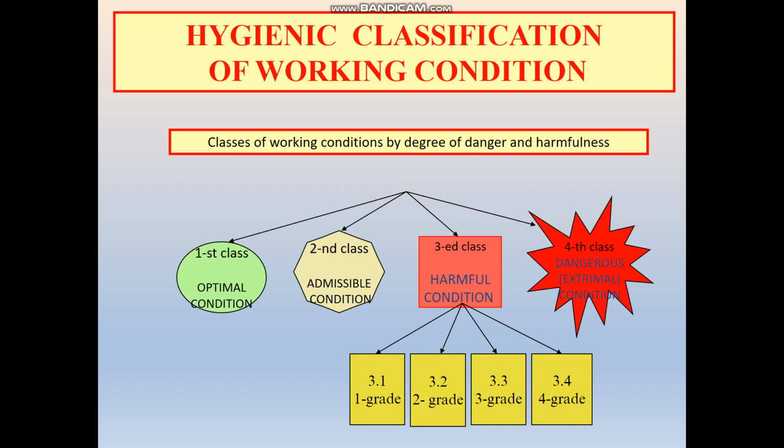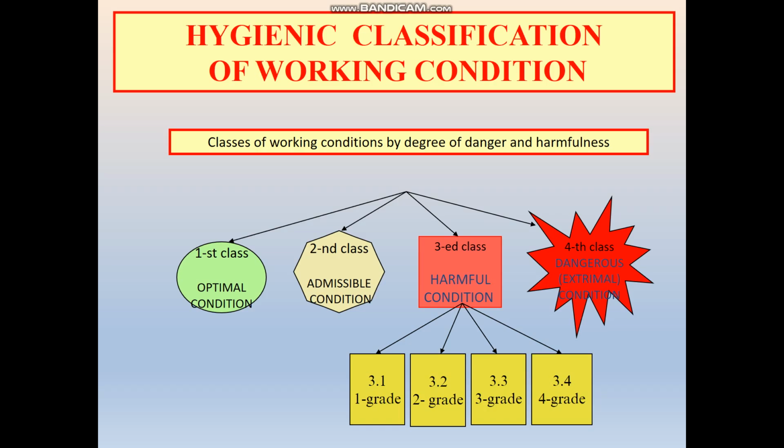This usually occurs in 50 years or more. Third degree of type 3, a working condition in which harmful production factors can result in the development of occupational disease at an early or advanced stage in the course of work, as well as an increased number of chronic occupational diseases and increased incidence associated with a permanent loss of work capability.